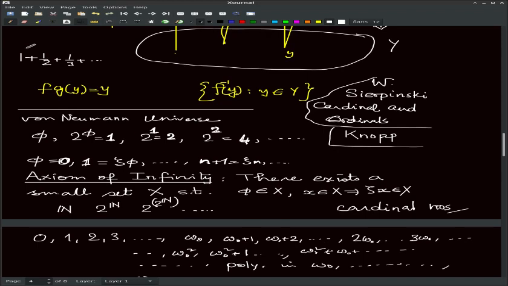This is what these old textbooks used to do. They used to build up this intuition, and it took pages and pages to write this. So I like them because it brings out this intuition much better. Same with Sierpinski. It brings out this intuition about infinite sets, cardinals and ordinals.